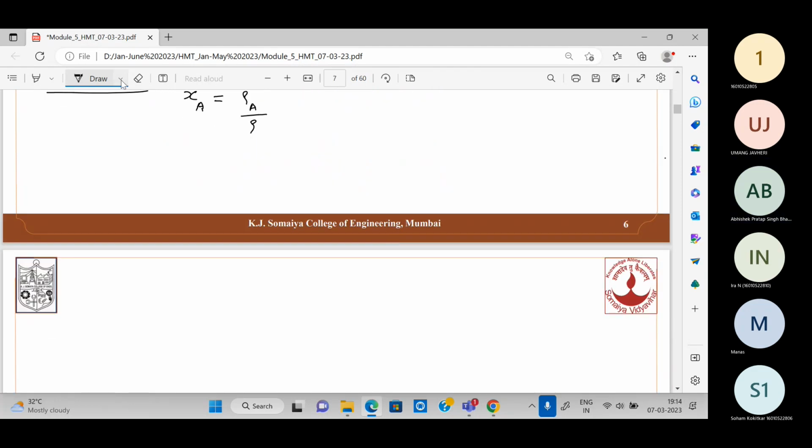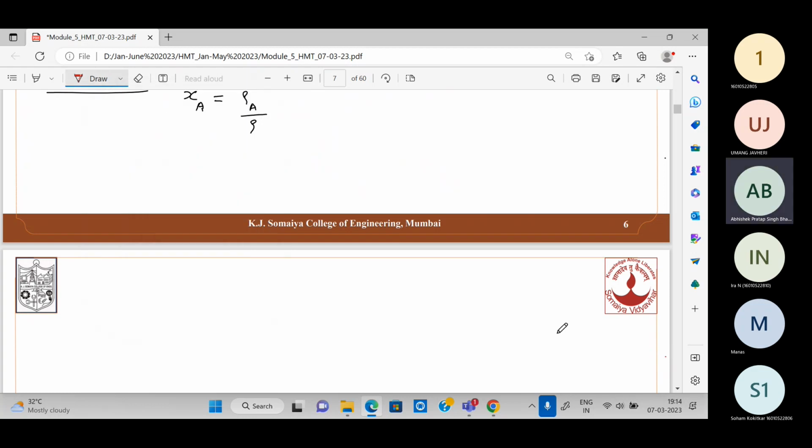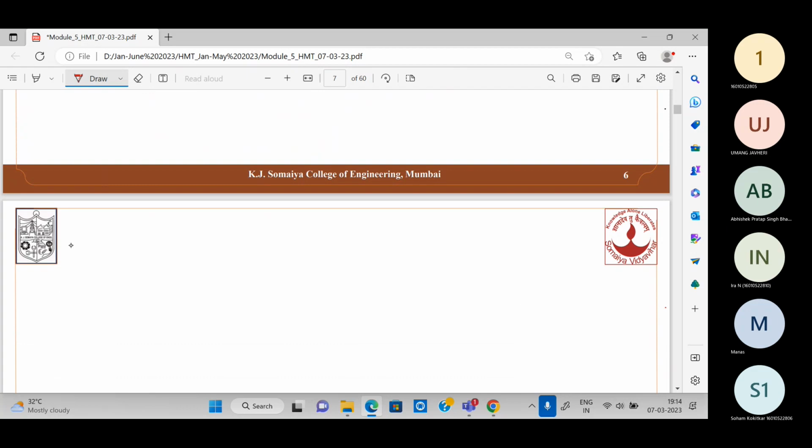Now let's see another term. Another one is the mole fraction. So what is mole fraction?